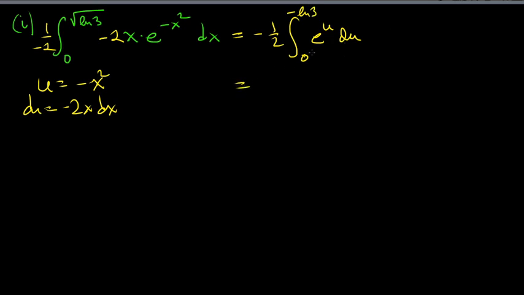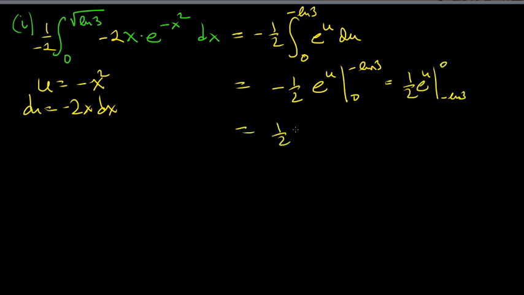Okay, but the integral of e to the u is just e to the u. So this is just 1/2 e to the u evaluated between negative log 3 and 0. E to the 0 is 1 minus, and then 1/2 e to the negative log of 3, which is negative 3, right?